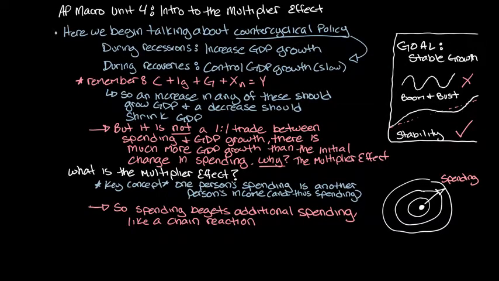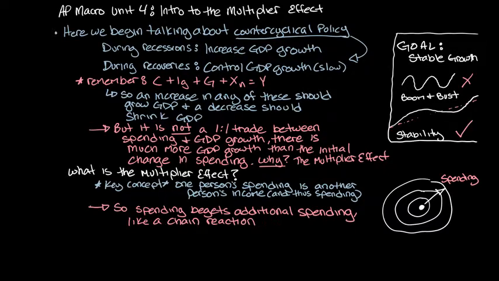So the multiplier effect is the first introduction the kids are going to get to what we call counter-cyclical policy. And this is basically your combination of fiscal and monetary policy where the government attempts to control the business cycle. They don't need to know what fiscal and monetary policy are at this exact point. We're going to cover that later in the unit. But what they do need to know is that when the economy is in a recession, the government often tries to increase GDP.